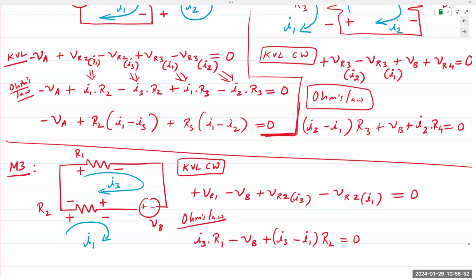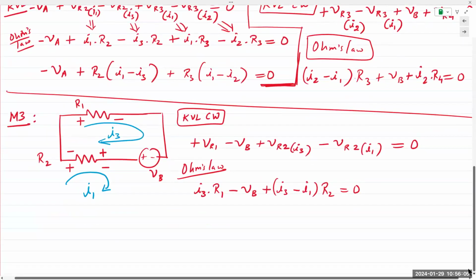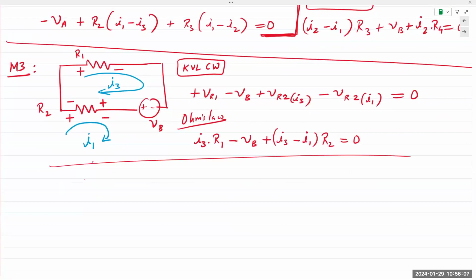Assume mesh currents, write out the voltage drops, apply Ohm's law, and then you have your equations. Once you have your equations, you plug in all known values and solve.